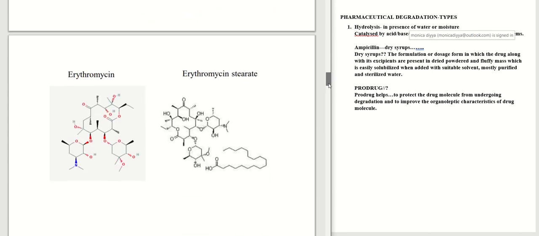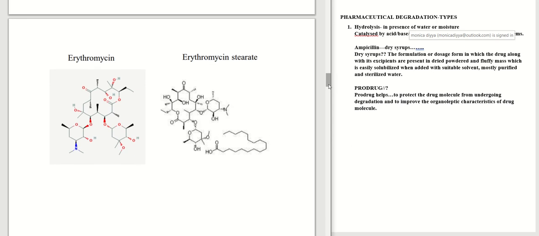So let us say this one. This is the actual erythromycin molecule, and this is erythromycin stearate. The same molecule will remain like that, but here we'll be making use of stearic acid. So it is known as erythromycin stearate. When this is exposed to gastric juices, it gets broken down.